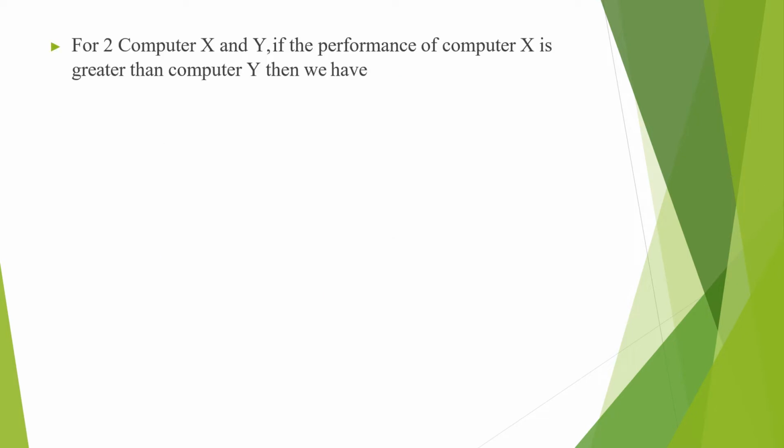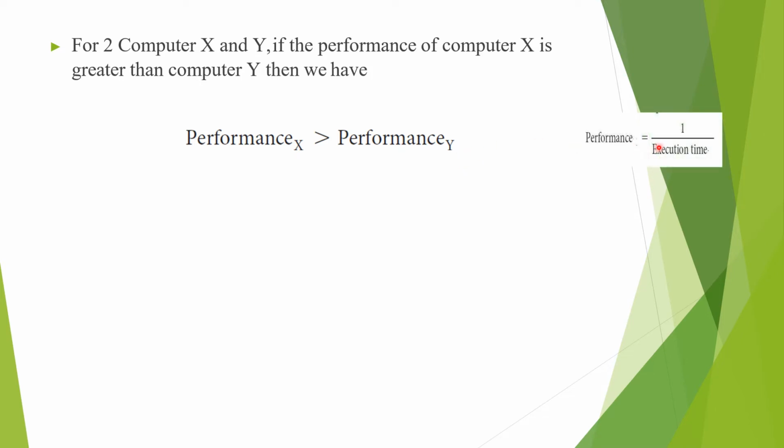For example, I have two computers, let them be X and Y. If the performance of computer X is greater than the performance of computer Y, we know the performance equation: performance is inversely proportional to the execution time.